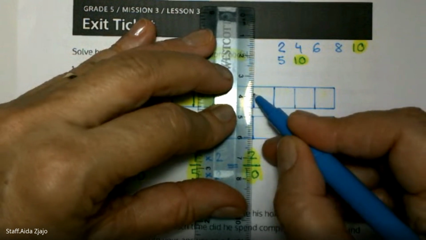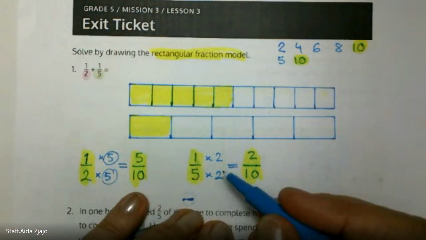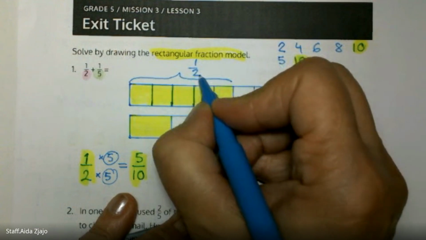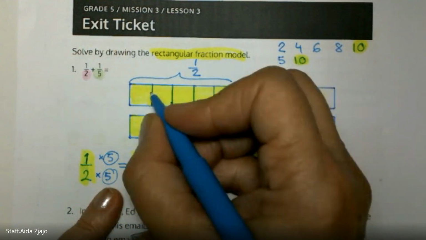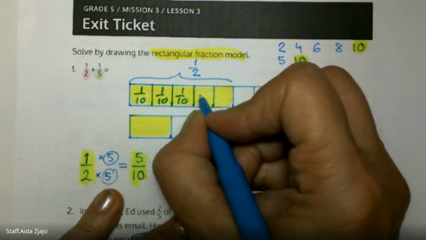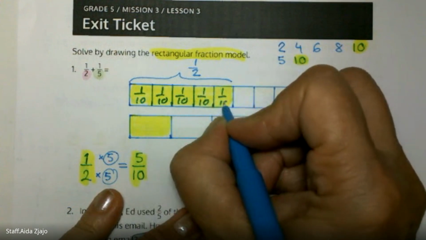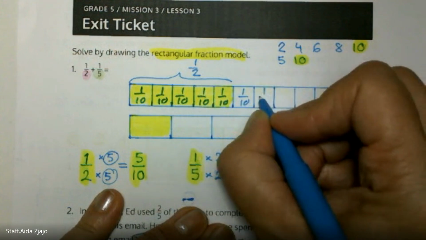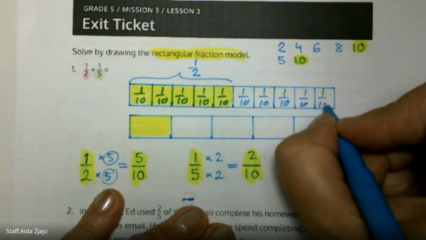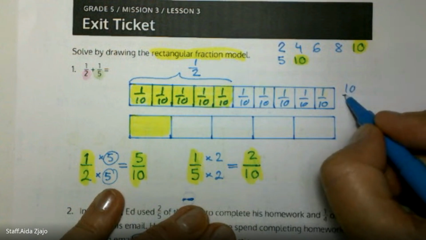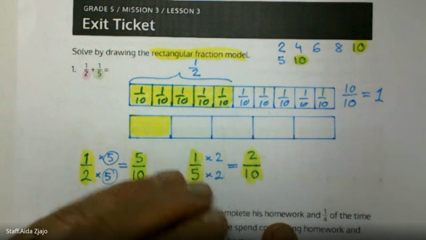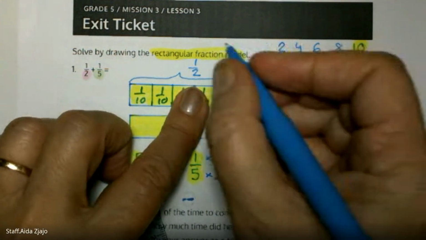So when I did that, I can see that 1/2 is actually 5/10. 1/10, 1/10, 1/10, 1/10, 1/10. Okay, so this shows me that here 10/10 makes a whole, but I really have only half, so I have 5/10.